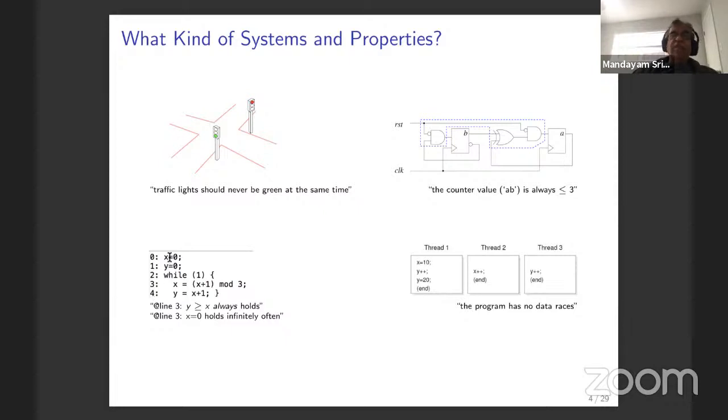So you're right, the values of all the program variables, as well as the location at which your control currently lies.